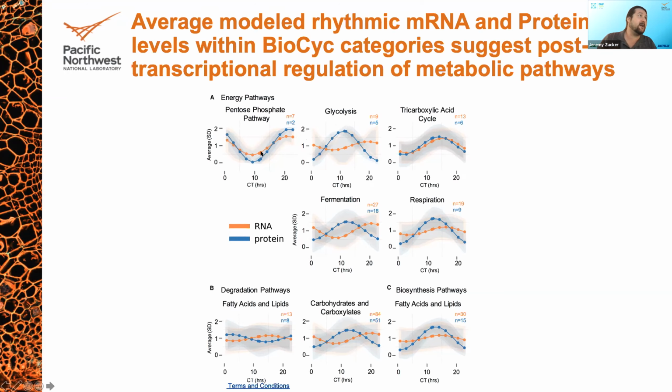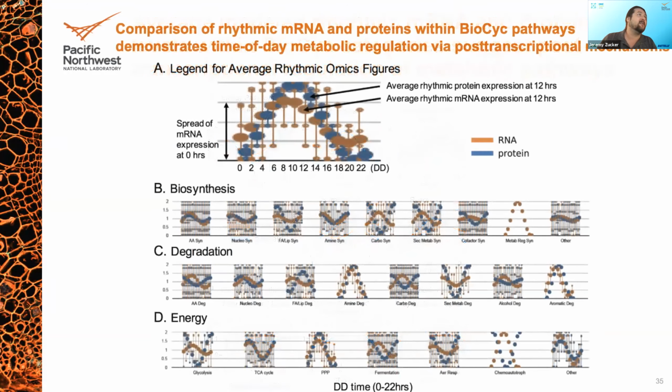Now we can actually look at a more dashboard-centric view by comparing rhythmic mRNA and proteins within many different kinds of BioCyc pathways. And in this case, the small dots represent the individual gene expressions or protein expressions, and the central dots indicate their average.